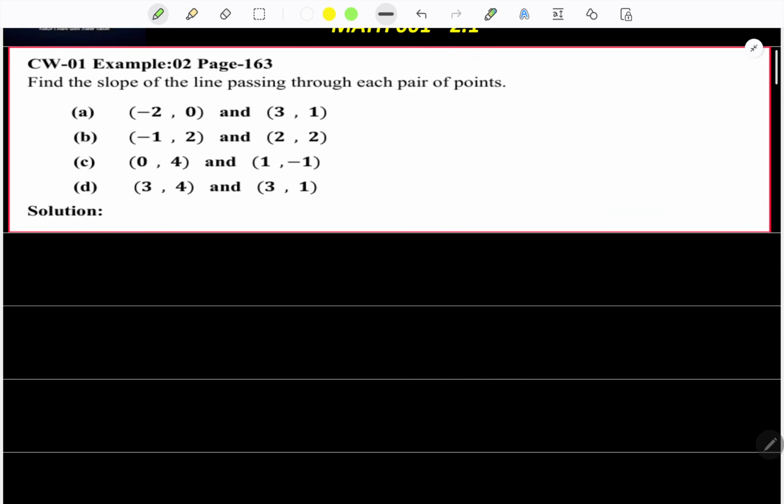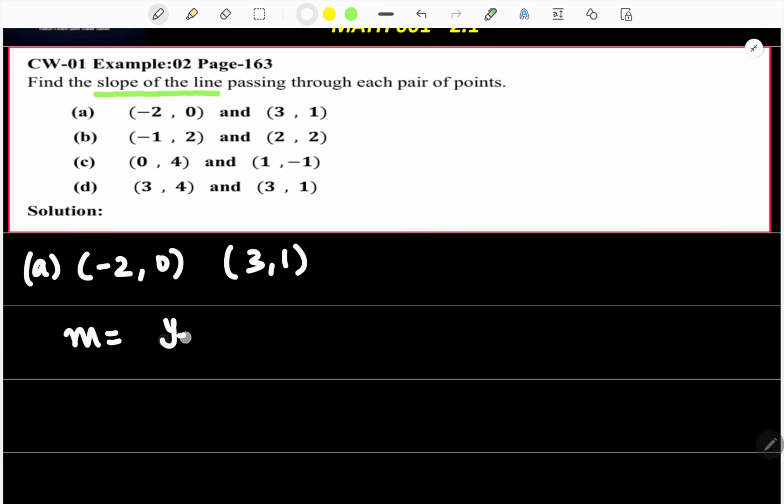Based on this, we are going to do 4 questions, which is example 2. What is the question? Find the slope of the line passing through each pair of points. Right, let's start the first question. A: minus 2, 0 and 3, 1. What is the rule? m is equal to y2 minus y1 divided by x2 minus x1.